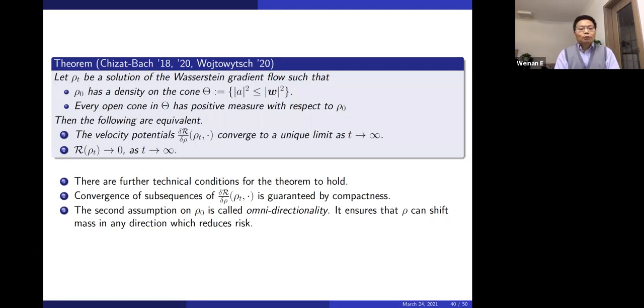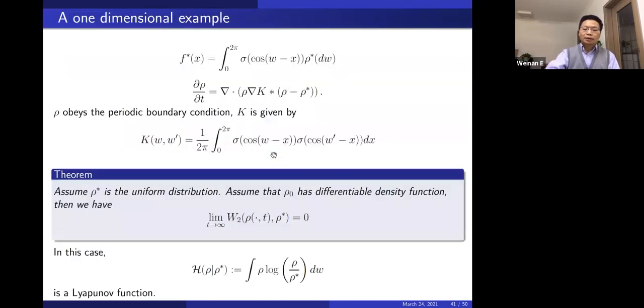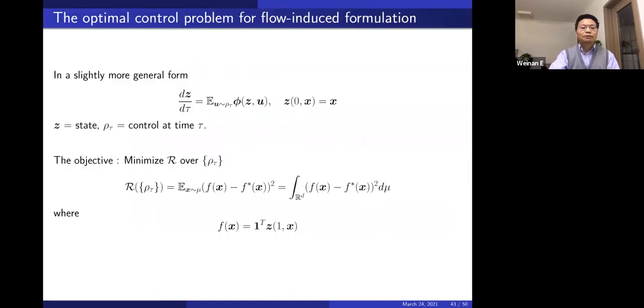So we don't know whether it converges, but if it does converge, then it converges to a global minimum. Now, there are lots of technical issues associated with this theorem that I'm going to skip. But this is almost the only result that we know, namely that if there is convergence, then it has to converge to a global minimum. There are some other simple example results which I'm going to skip.